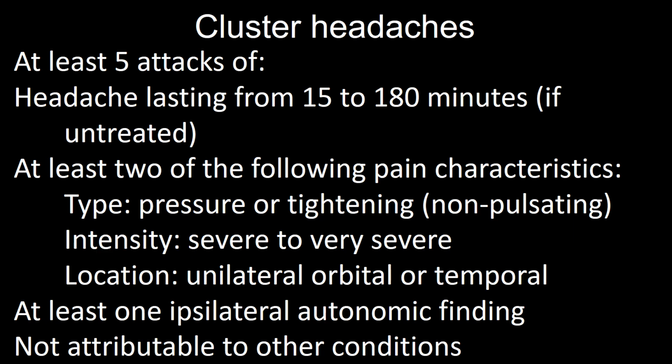As stated in the criteria, at least one ipsilateral autonomic finding must be present in association with the headaches. So ipsilateral to the headaches, we will find one or more of the following manifestations.